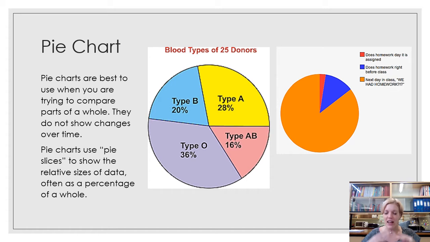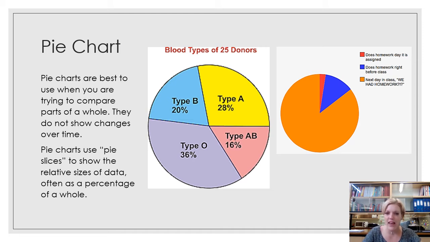So imagine that the circle represents 100%, and you are comparing, of that category or of that study, who got 30%, who got 70%, who got 20%, who got 80%. Look at the first picture. It says the blood types of 25 donors.